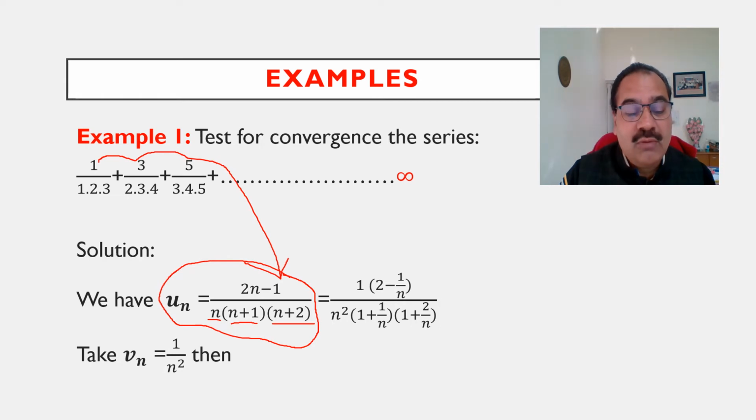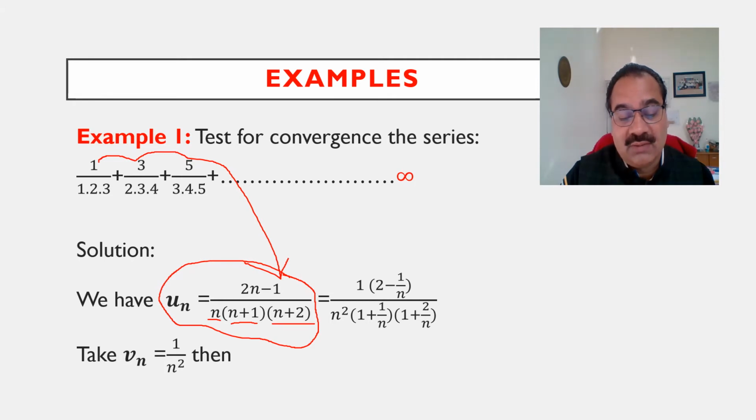Then if you have got the un, or it is given in the problem, what should be your second step? The second step is to simplify this by taking n outside. By taking n outside, you may write 2 minus 1 by n, and here n is already there, and from here if you take n from each factor, there will be n cube.